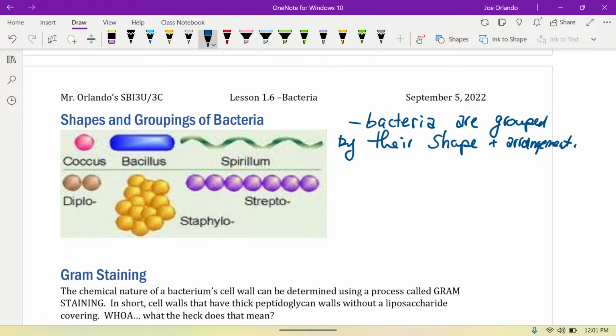Strep throat is actually a disease caused by a particular bacterium. Now, there's thousands of bacteria that arrange this way, but by a streptococcus bacteria, which means a long chain of spherical bacteria. Does that make sense? So streptococcus would refer to a chain of spherical coccus-shaped bacteria.